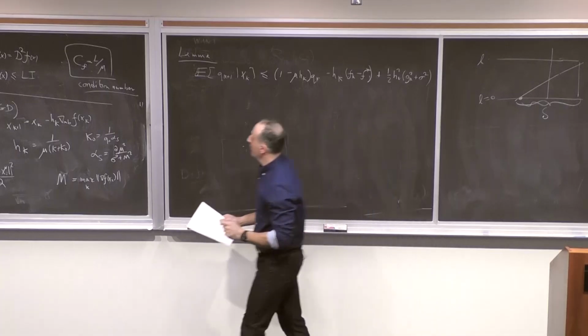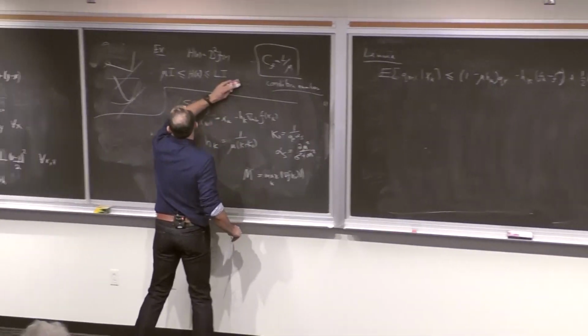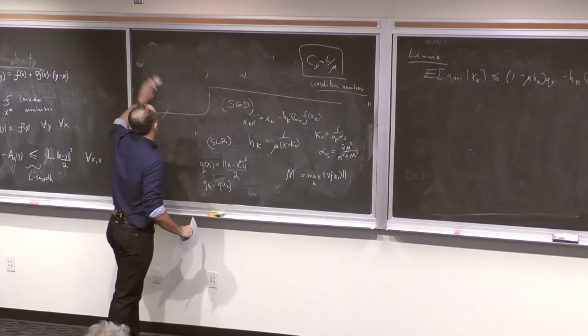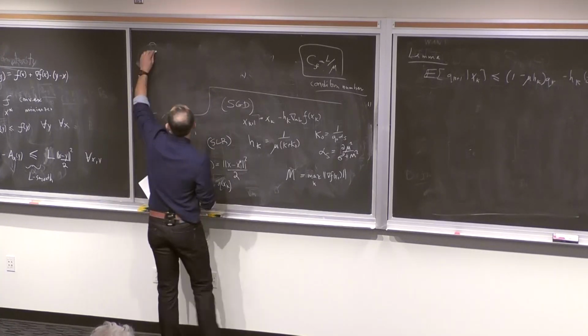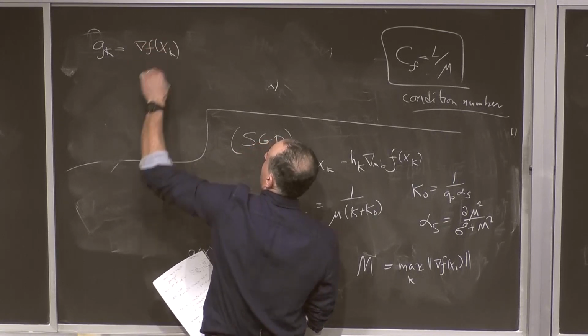Okay, so I forgot a couple other little things. So I'll write gk, it's just a shorthand for the gradient at xk.